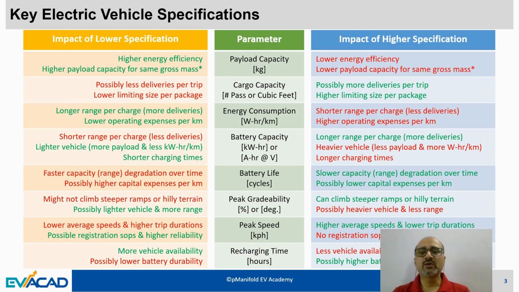Payload capacity is in terms of mass, which is why the unit is kilograms. Cargo capacity is thought of more in terms of volume or passenger capacity.